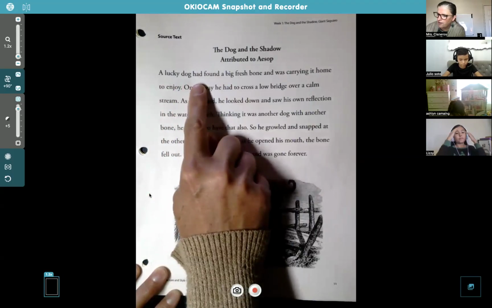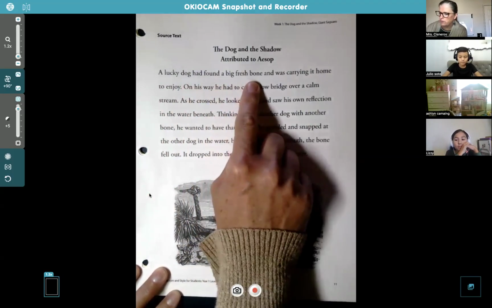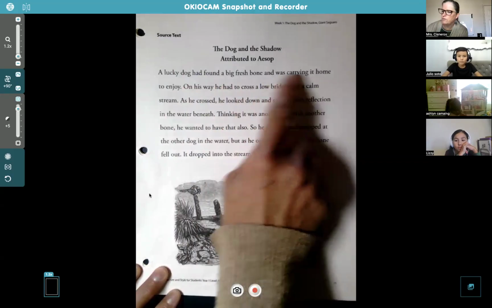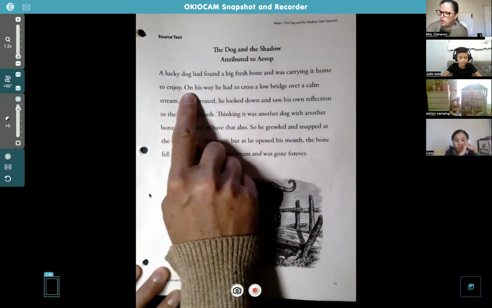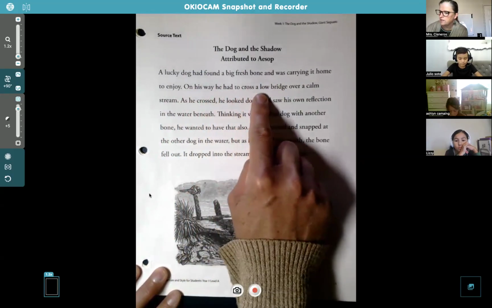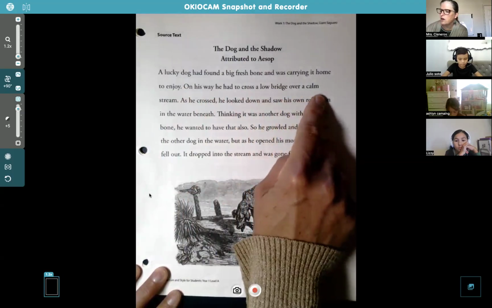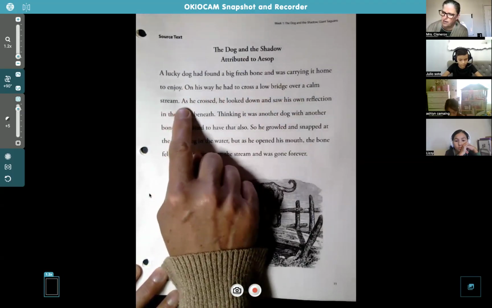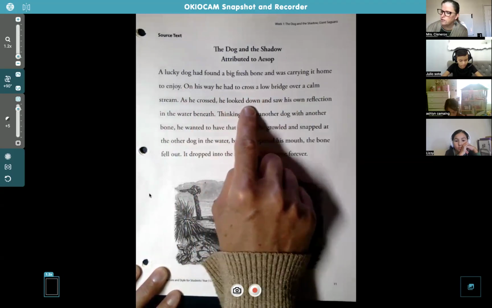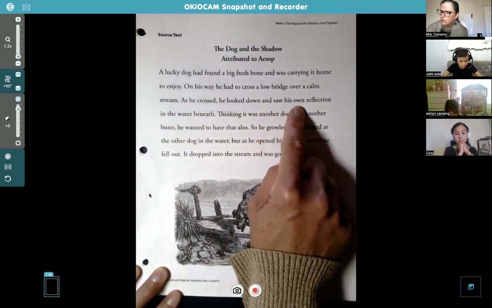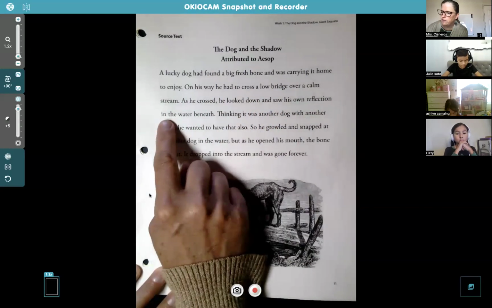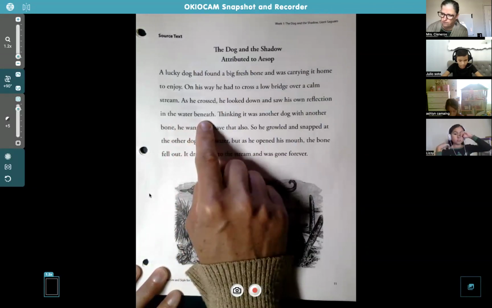A lucky dog had found a big fresh bone and was carrying it home to enjoy. On his way, he had to cross a low bridge over a calm stream. As he crossed, he looked down and saw his own reflection in the water beneath.